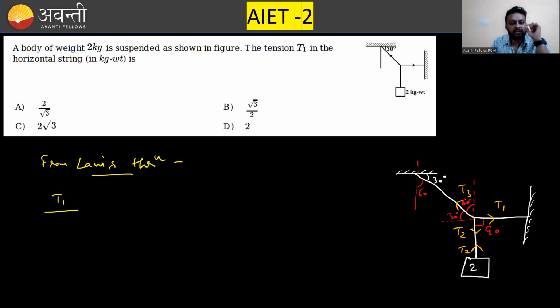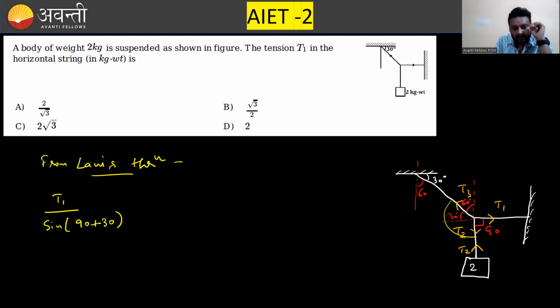What you need to do is just take one force and the angle opposite to that. So T1 is the force in the right direction, and the angle opposite to that is this one. So what is this angle? Sine of 90 plus 30.